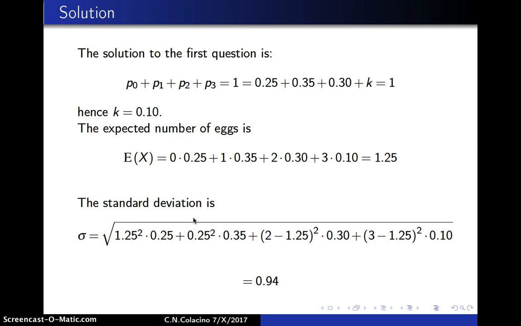So we have 1.25 squared, because 0 minus 1.25 squared is 1.25 squared, times 0.25, which was the probability of finding no eggs in the nest, plus 1 minus 1.25 squared, which is the same as 0.25 squared, times 0.35, plus 2 minus 1.25 squared, times 0.30, plus 3 minus 1.25 squared, times 0.10. And this is 0.94.